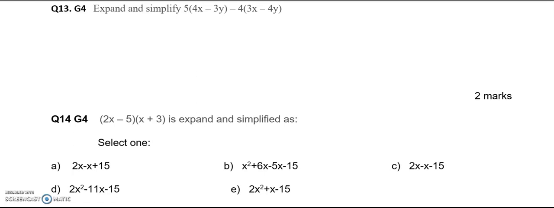So I'm going to treat this as two parts. I'm going to first do the first part. So multiplying 5 with 4x and multiplying 5 then by minus 3y. So 5 times 4 is 20.